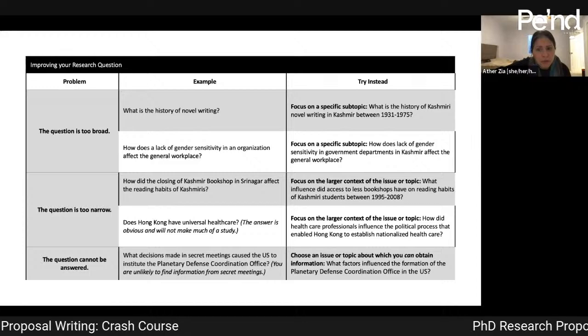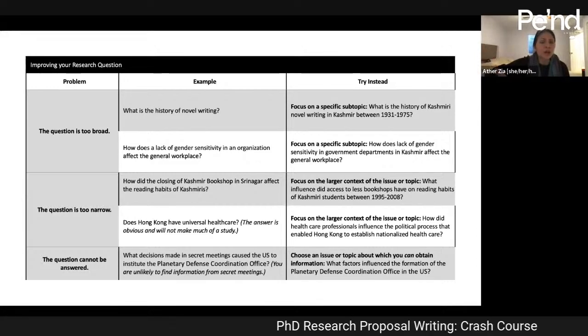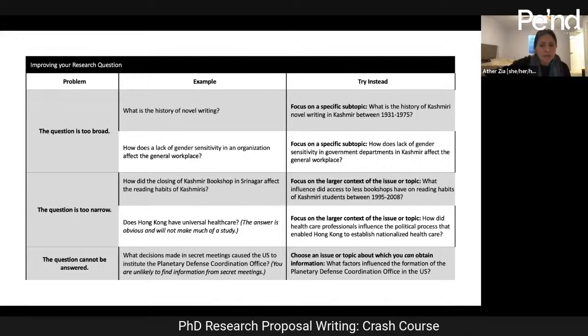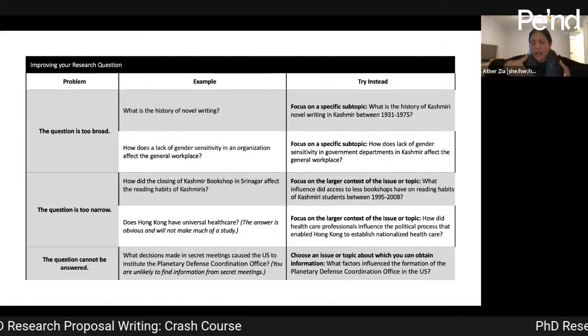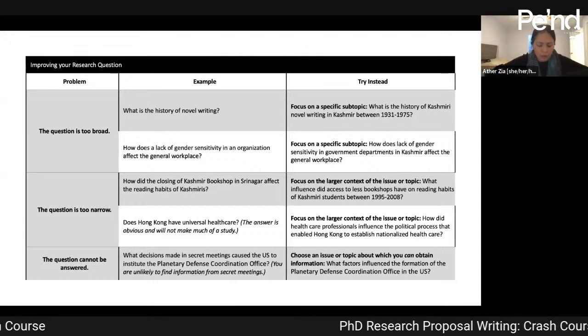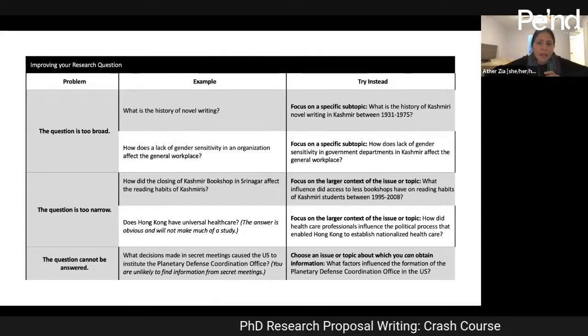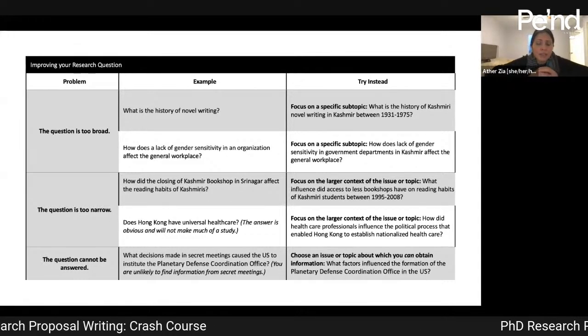So maybe you could ask, what influence did access to fewer bookshops have on the reading habits of Kashmiri students between 1995 and 2008? I just threw in the dates because that also gives us an idea of how to narrow it down further. But let's say you started and found that you don't have much data between 1995 and 2008.